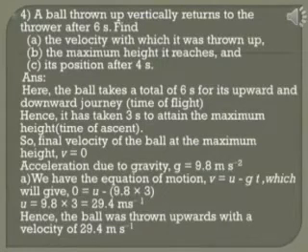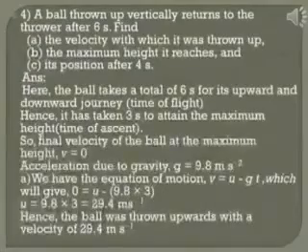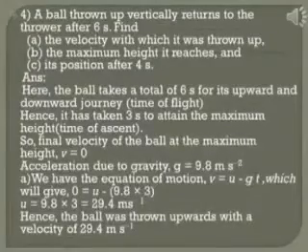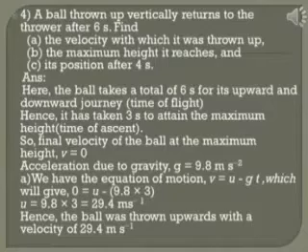It is the time of flight. So time of flight is the sum of time of ascent and time of descent. Hence, it has taken 3 seconds to attain the maximum height. It is time of ascent, since time of ascent is equal to time of descent.